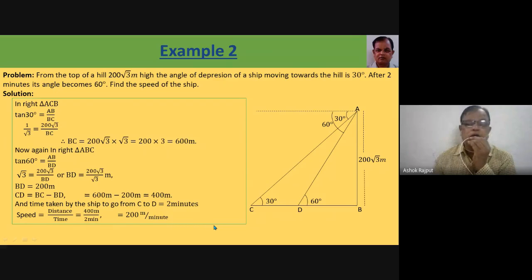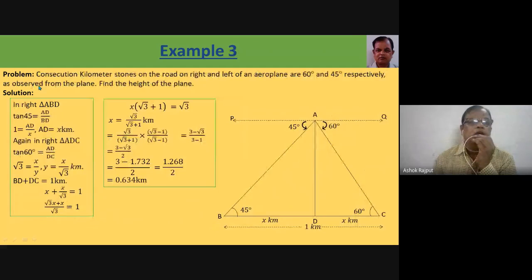Now we are going to the next, example 3. Two consecutive kilometer stones on the road on the right and left of an aeroplane are at angles of 60 degree and 45 degree respectively.